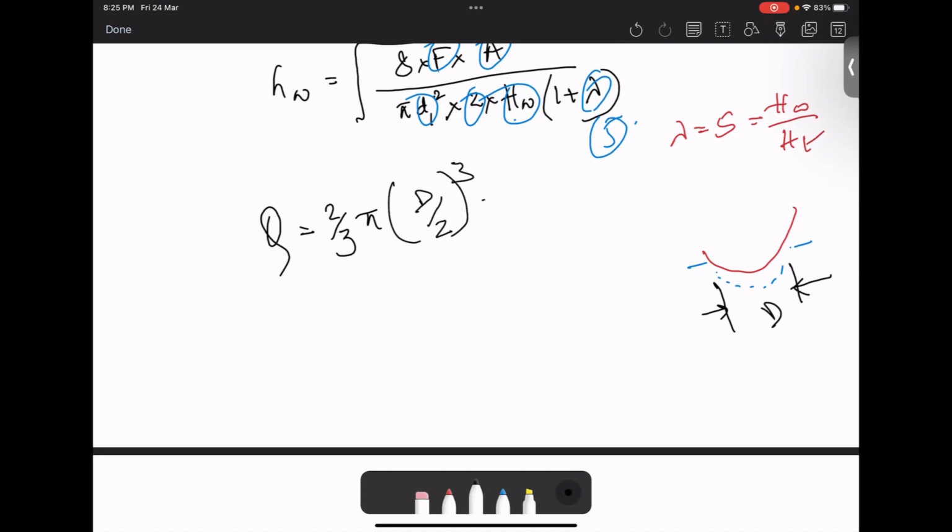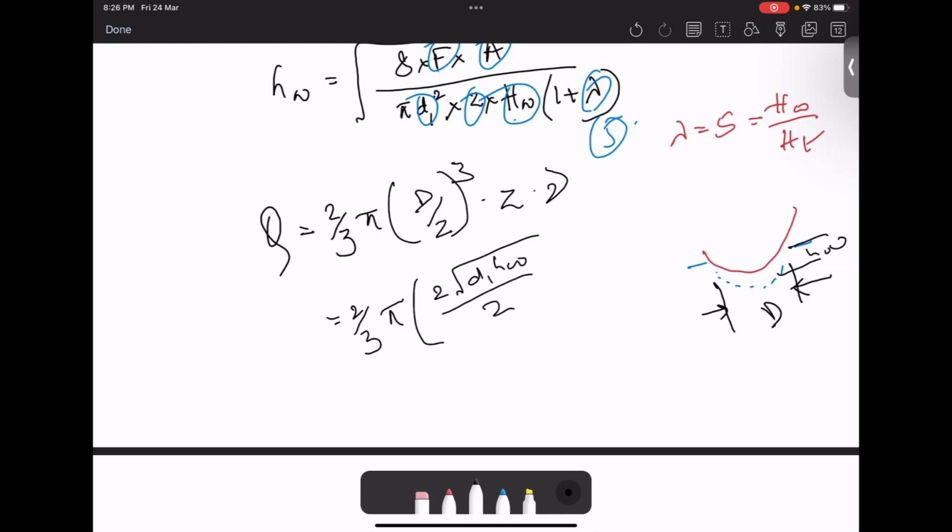Then the regular things are the number of particles making impact and the frequency. So you replace the indentation dia D in terms of the dia of your grain and depth of indentation HW, to get D as equal to 2 times the square root of d1 HW, and D by 2 gets you the radius.